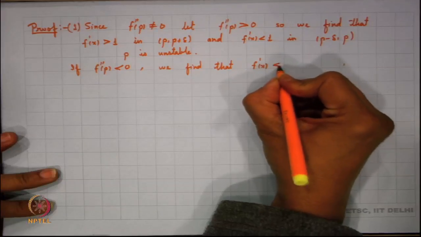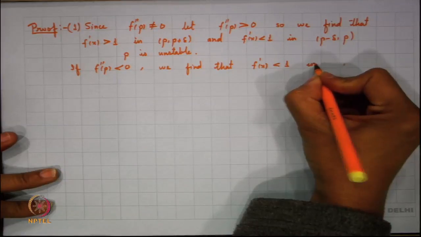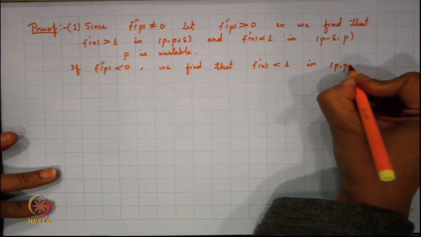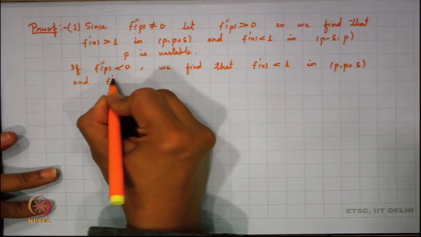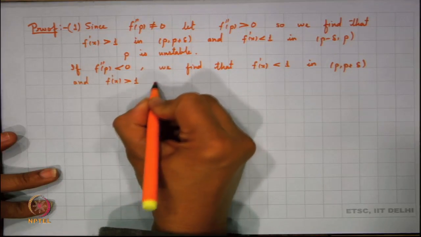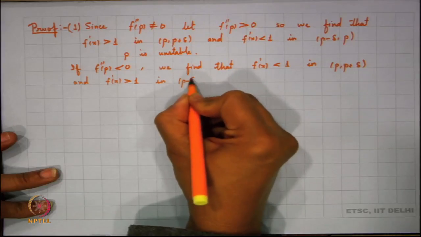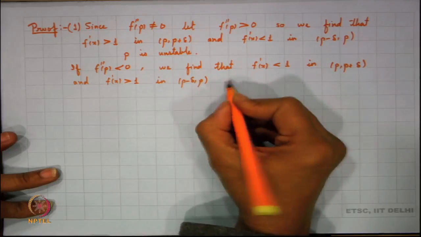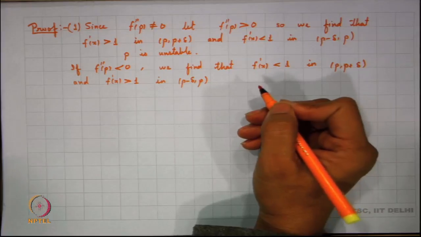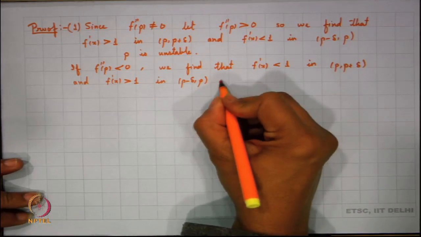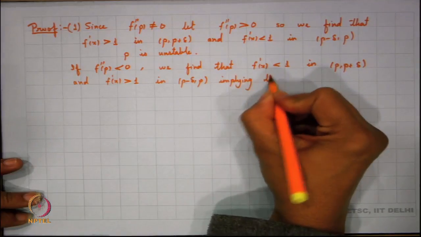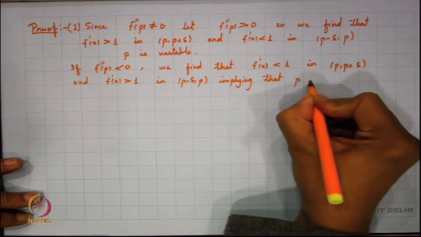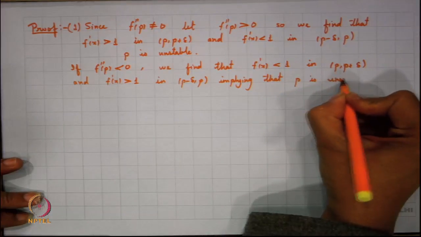So, we find that f prime of x is less than 1 in p plus delta, and f prime x is greater than 1 in p minus delta to p, which again implies, again it is the same story. So, this implies that p is unstable.